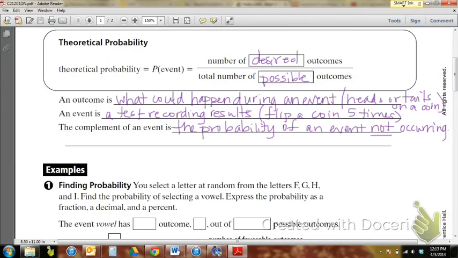Okay, and these two probabilities always add up to 1 or 100%. Because an event is either going to happen or it's not going to happen. There's no other way about it. All right, so let's try an example here.